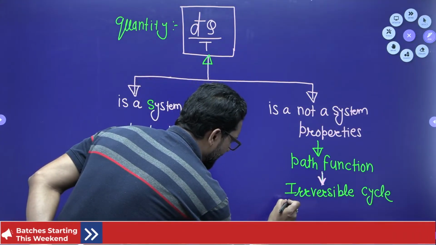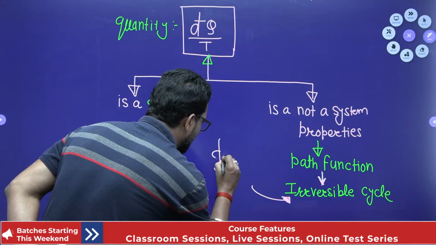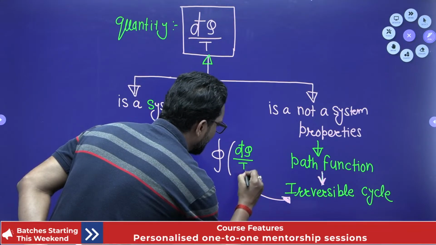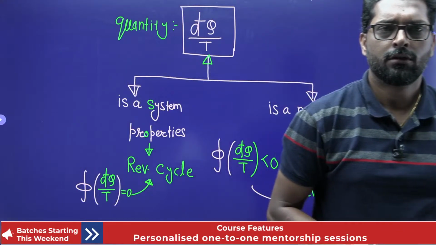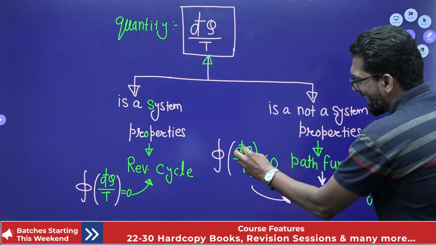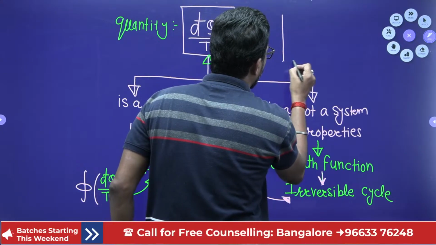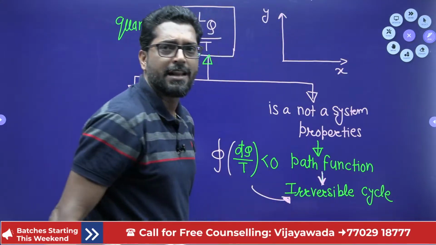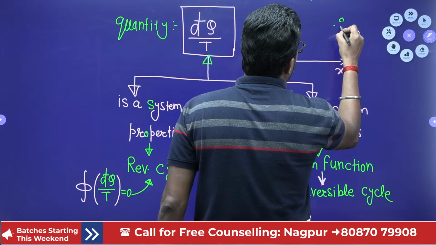because Clausius said that during an irreversible cycle the cyclic integration of the quantity dQ/T is not 0. That means for cyclic integration in the irreversible manner, if this is your graph, let's suppose any properties y and x are thermodynamic properties. You start from point 1 and finish at point 2.